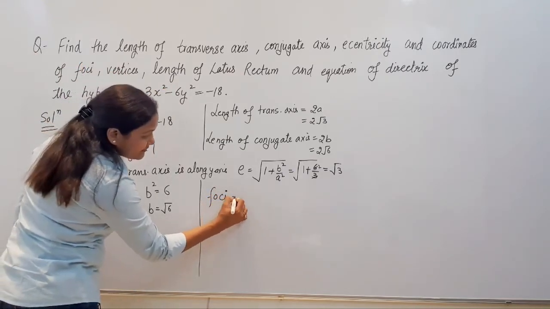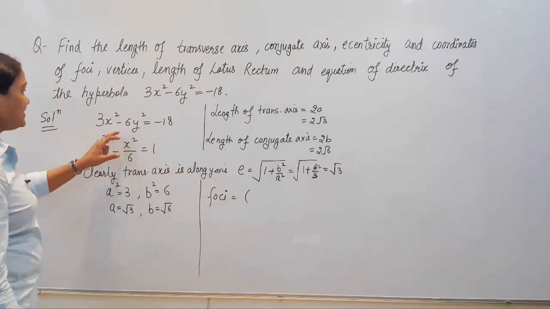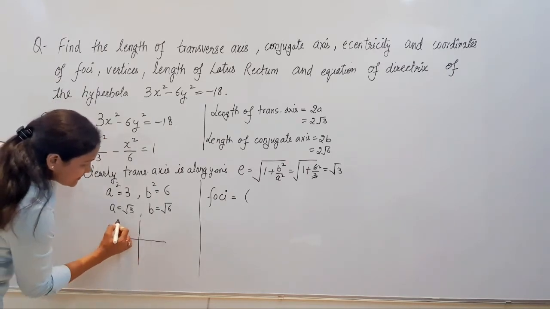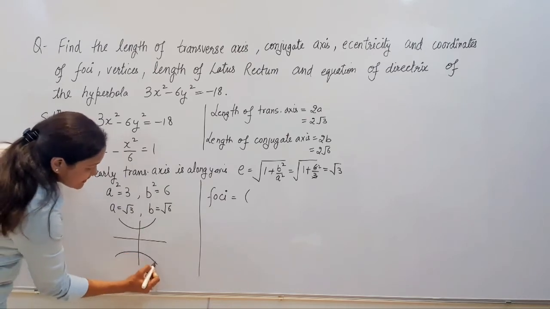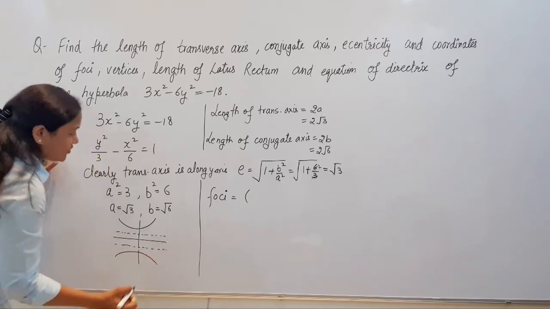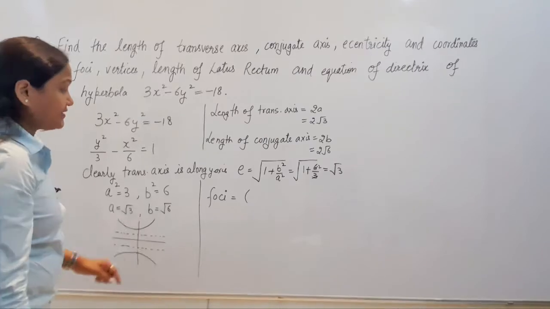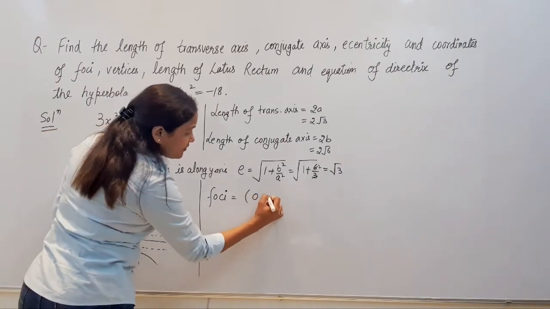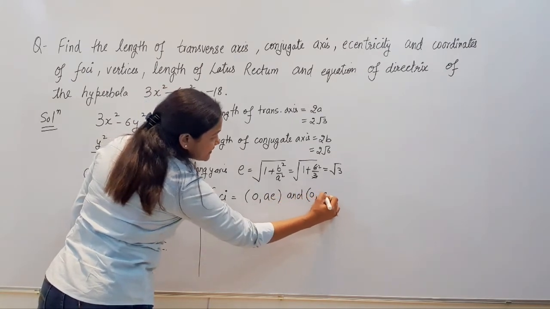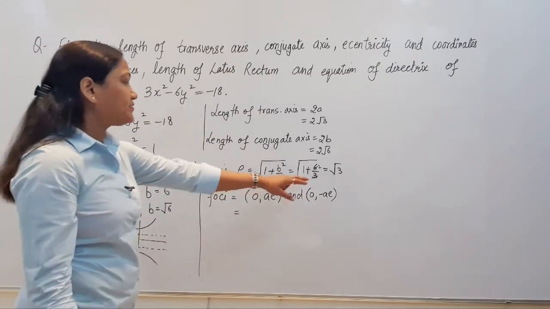So foci are, क्योंकि आपका ये जो हाइपरबोला है that is conjugate hyperbola, जो transverse axis है that is along y axis, और आपकी directrix कुछ ऐसे रहेगी। तो जो foci होंगे they are on y axis, so foci are 0, AE and 0, minus AE, and they are, your a is root 3 and e is also root 3.